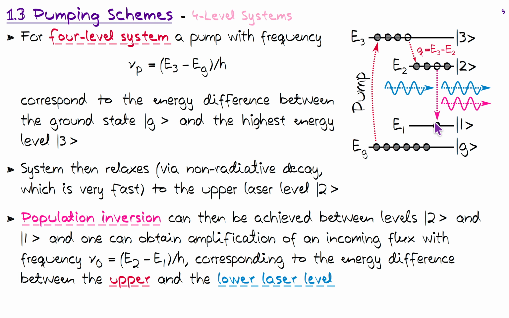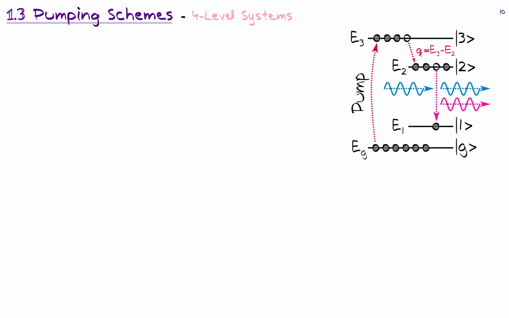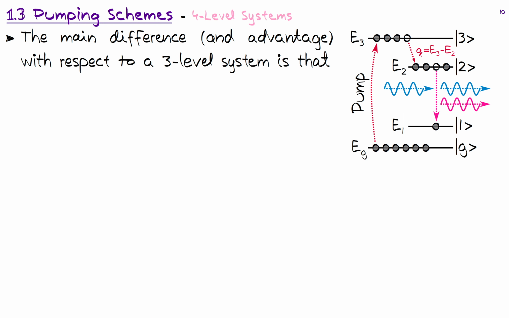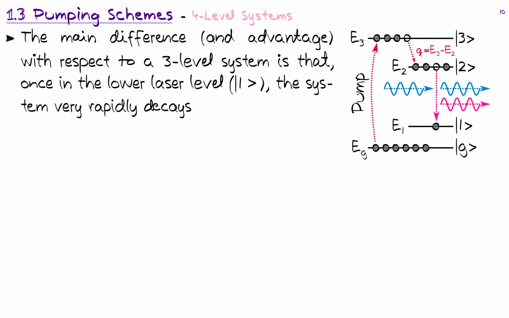And here's the crucial difference between the 3-level system and a 4-level system that we will now finally tell you. The main advantage when moving into a more complicated system, so moving into a 4-level system and not a 3-level system, is that once we have electrons at the lower laser level, the system can very rapidly decay by a non-radiative decay again into the ground state.